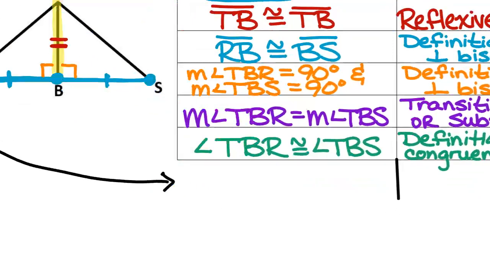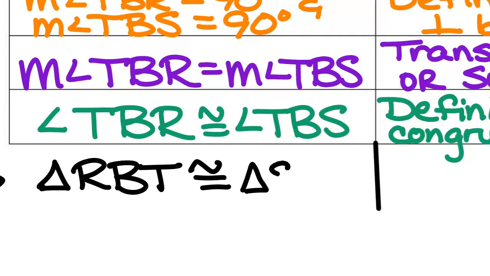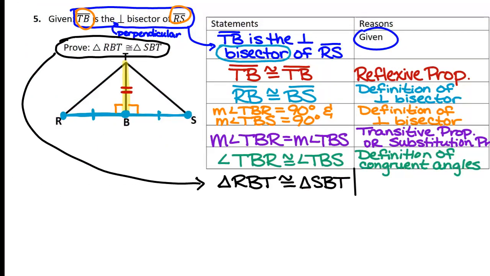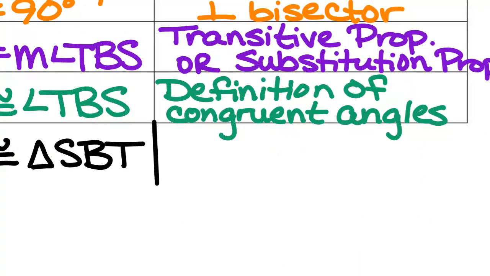That triangle RBT is congruent to triangle SBT. All right, so now what you were trying to tell me just a moment ago, we're going to use now. Looking at just one of these triangles, why can we say that these two triangles are congruent to each other? Side, angle, side is absolutely correct.